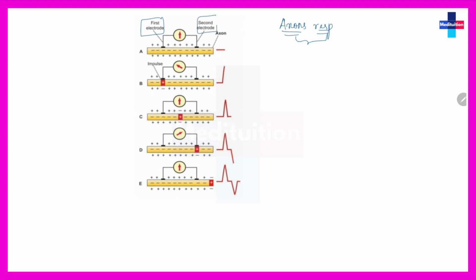So the electrodes are placed on the axon from outside, and they have seen a deflection, how actually it works in our muscular contraction regarding the impulse. So first, if you see picture 1, I think you can see there is no deflection, which means there is a zero potential and the cell is in the resting potential, that is RMP.